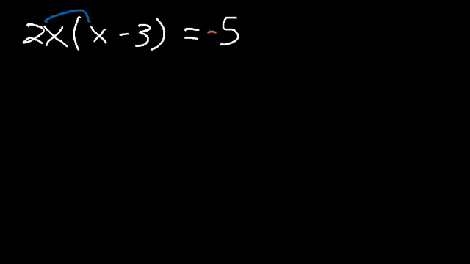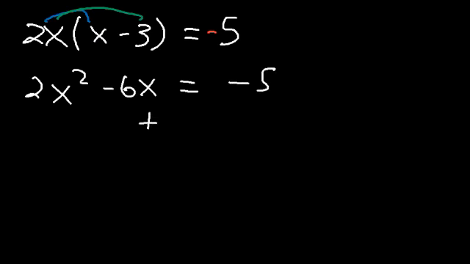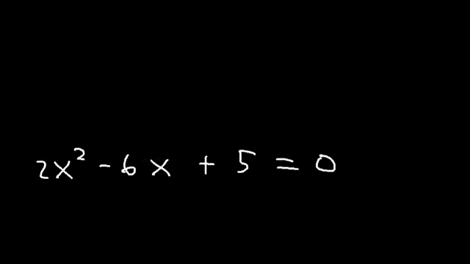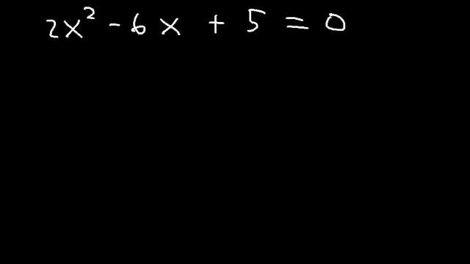So 2x times x is 2x squared. 2x times negative 3 is negative 6x. And let's add 5 to both sides. So it's 2x squared minus 6x plus 5, which is equal to 0. So now we can use the quadratic formula, now that it's in standard form.